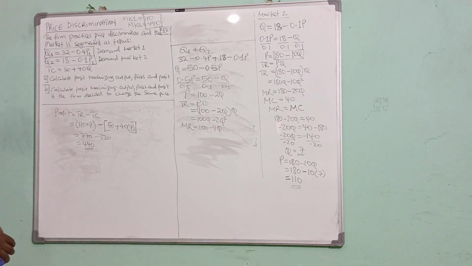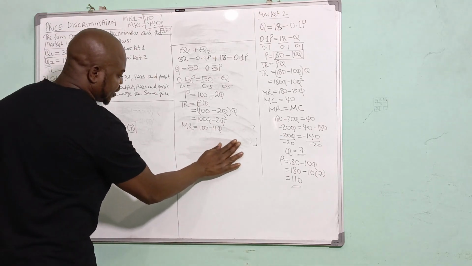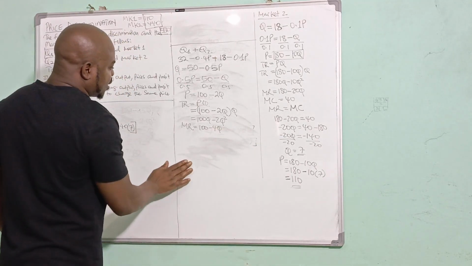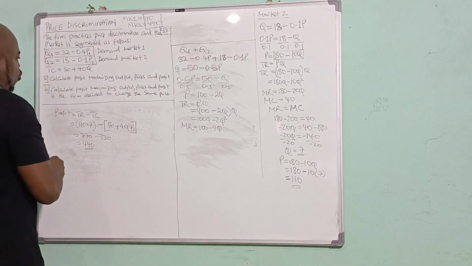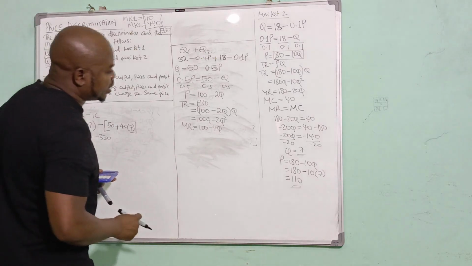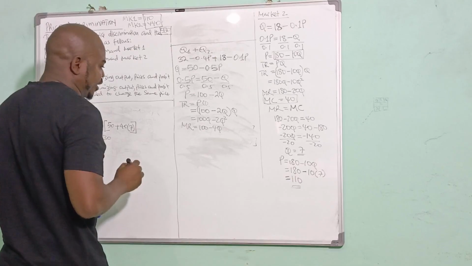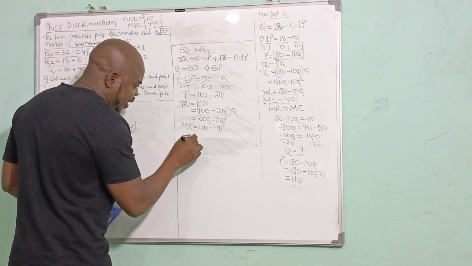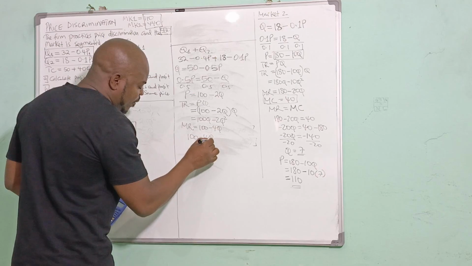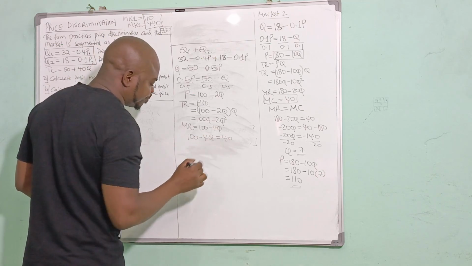So now I can equate this. I can say marginal revenue is equal to marginal cost. I already calculated the marginal cost. The marginal cost was calculated as 40 there. So 100 minus 4Q is equal to 40.